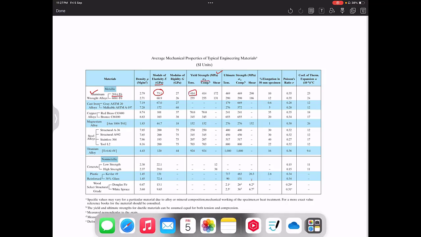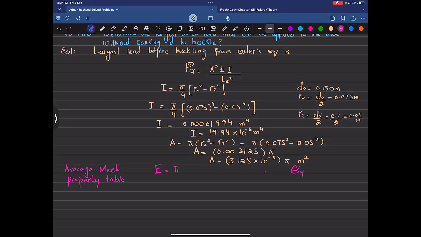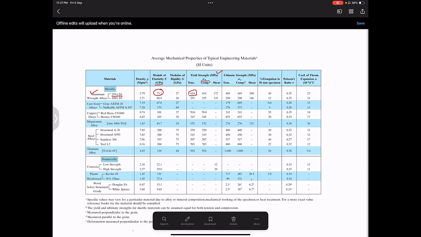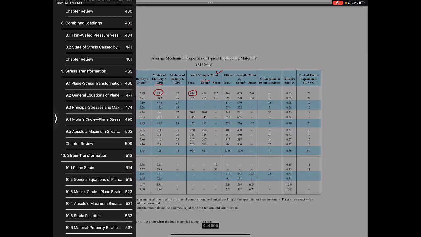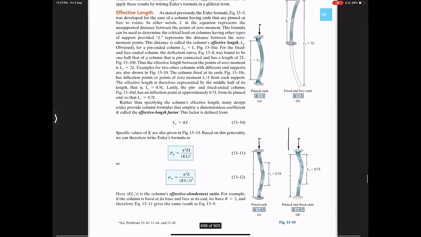So just write it. E is 73.1 gigapascal, and the yield stress was 414 megapascal. Now what about effective length? The effective length is equal to K multiplied by L. And what is K? We have to go again to the book, and in the question we have been given that one end of the column is pinned while the other end is fixed.